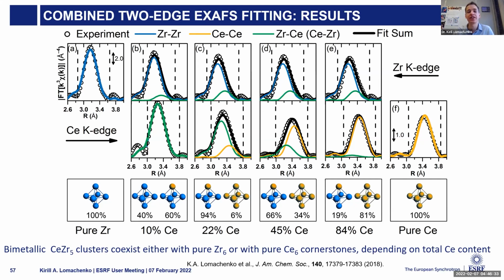Because in the different data sets we assume that the distance between cerium and zirconium, at the cerium K edge, should logically be the same as the distance between zirconium and cerium at the zirconium K edge. So we have the same path, basically the same thing, in the two different data sets and at two different edges. Like this, we don't have a factor of 10 in the number of parameters.